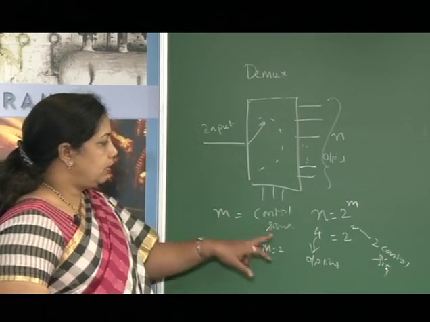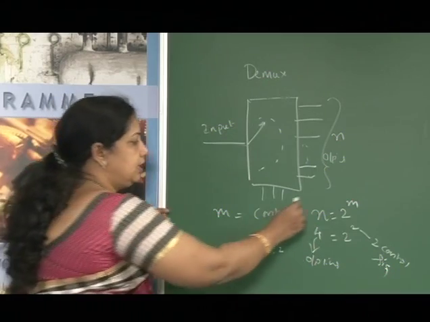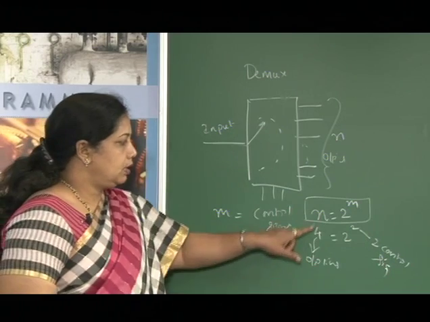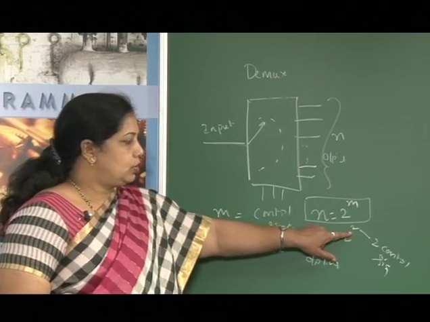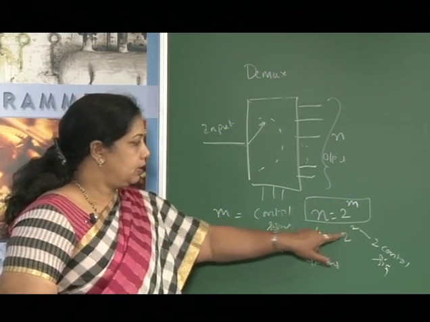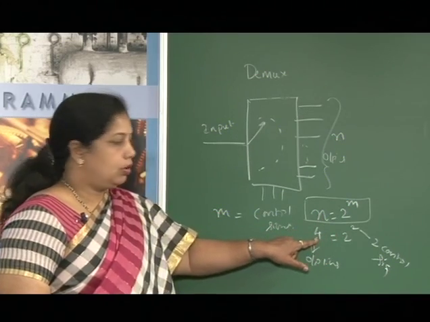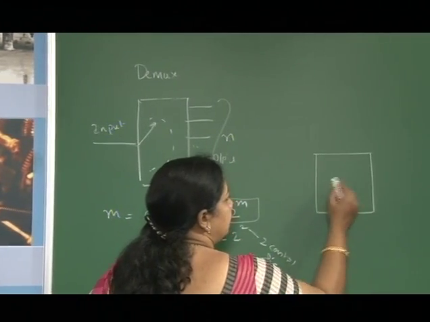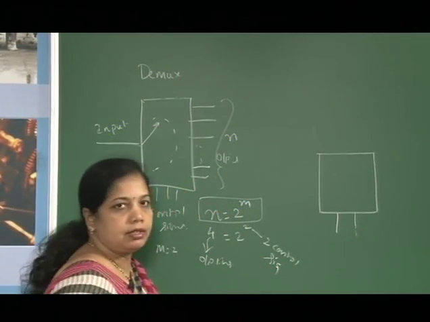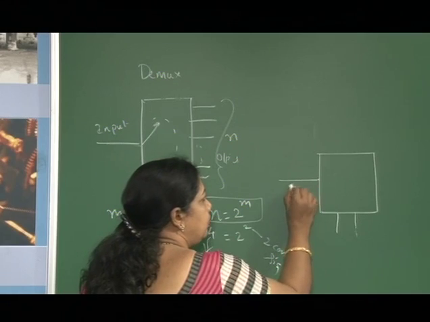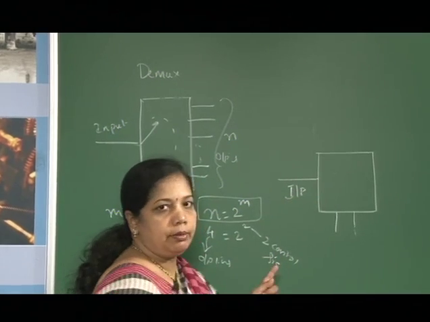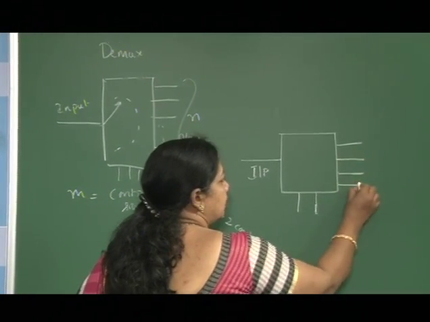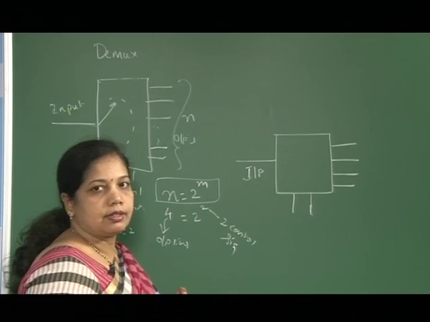Whenever I design, there is a relation between n and m: n is equal to 2 power m. So whenever m is 2, my n value will be 4. The input is fixed, one input. Now I write 4 output lines.